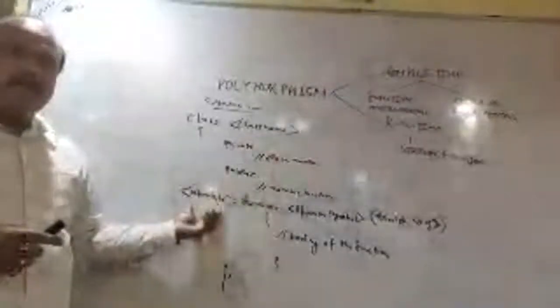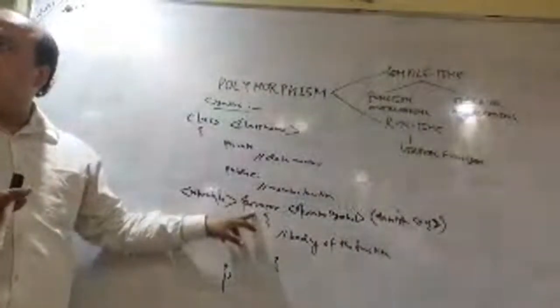Before that, we write the return type of the function. Whatever return type you have, if you want to return something from this operator function, you place the data type of that returned value. If you do not want to return anything, just place void here. Operator is a keyword, a reserved word. You do not have to change this operator keyword.